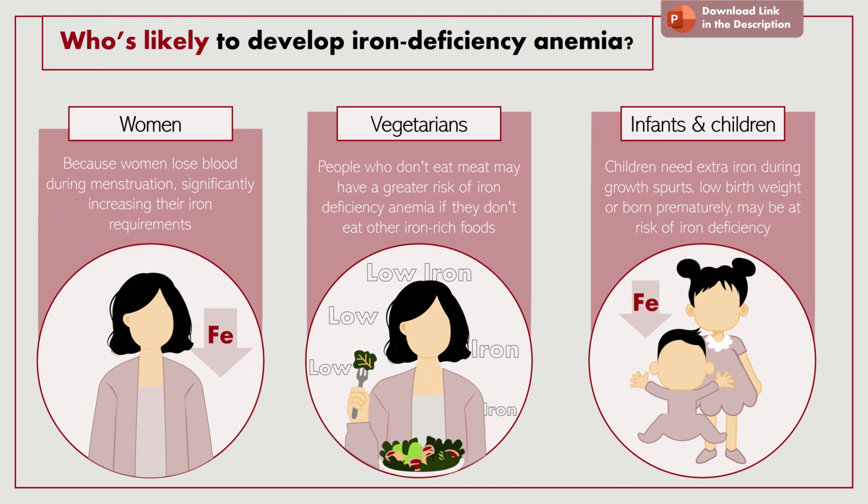Infants and children, especially those experiencing growth spurts or born prematurely or with low birth weight, have heightened iron needs to support development. Without adequate supplementation or iron-rich foods, they can quickly deplete their iron stores.